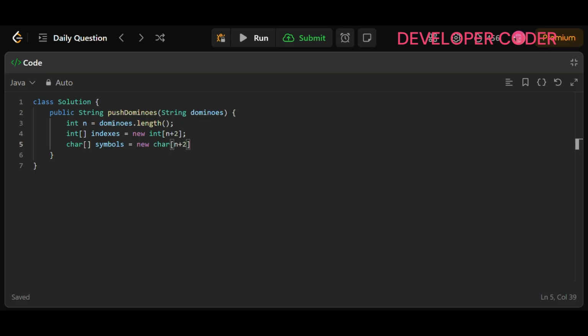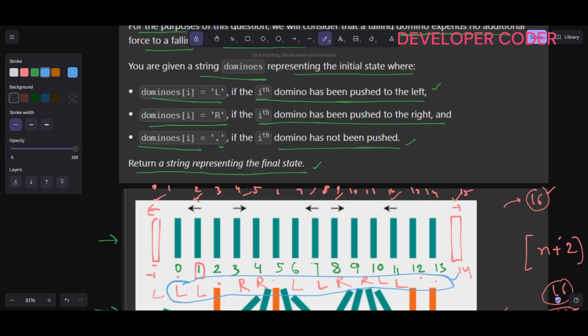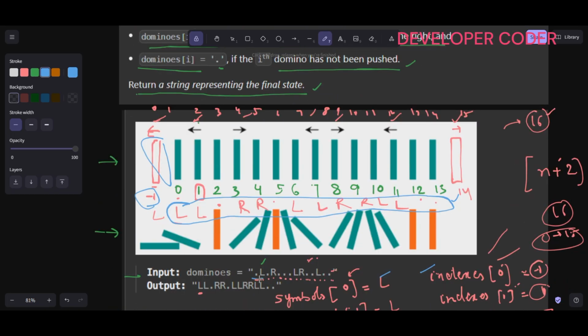You already know why we are writing n plus 2. Then take one variable, int length is equal to 1, and I'm taking length 1 because I'm already considering this domino which is falling to the left side, at the -1 index, before that.